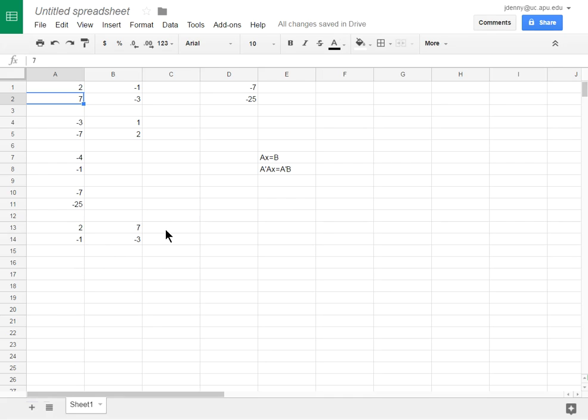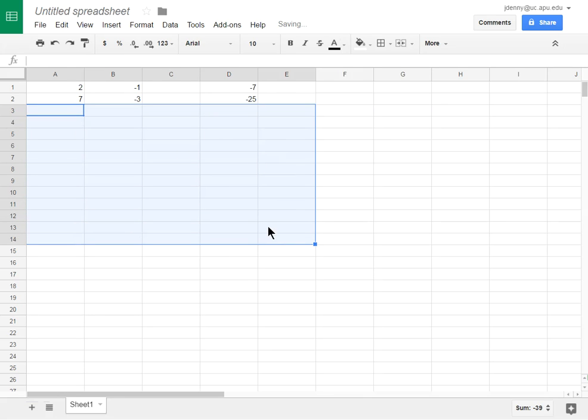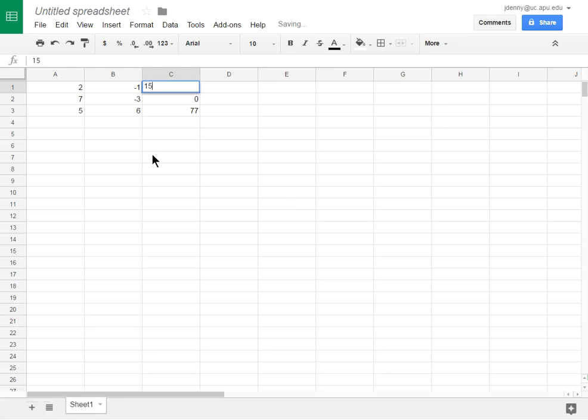Let's try one more. Let's do a 3x3 matrix. Let's suppose our 3x3 looks like this. I'm going to transpose this data, swapping the columns and the rows.